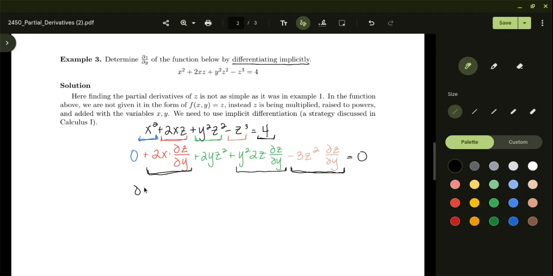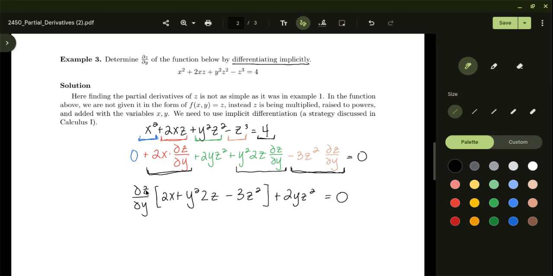And so when I do, what we have is 2x plus y squared 2z, and then minus 3z squared. And then we still have this term plus 2yz squared and equals 0.